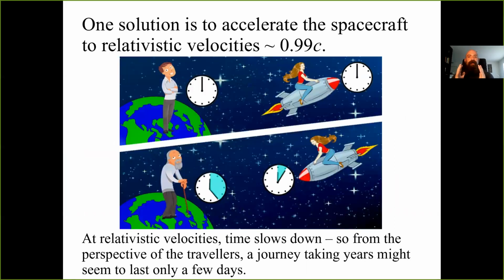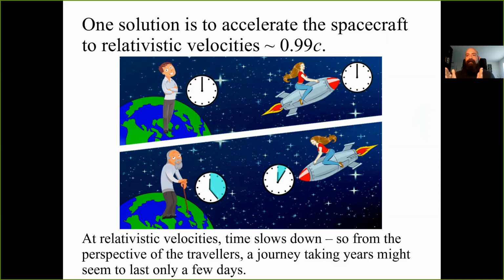Now, of course, if you travel extremely fast, say 99 or 99.999% the speed of light, then relativistic effects kick in, in particular time dilation. So from the point of view of anyone on the spacecraft, time in the external universe starts passing extremely slowly, and they will reach the destination having experienced only a very short period of time.